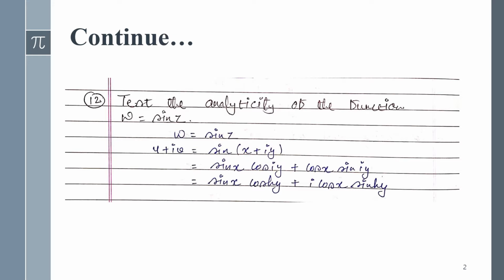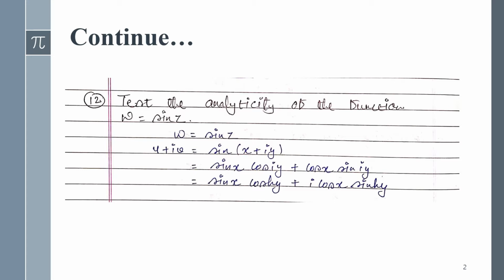Here we have sine of alpha plus beta, sine of an angle theta, and in place of theta it's given x plus iy. So definitely you have to split this angle, split these terms, and after splitting you have to find the real and imaginary parts.